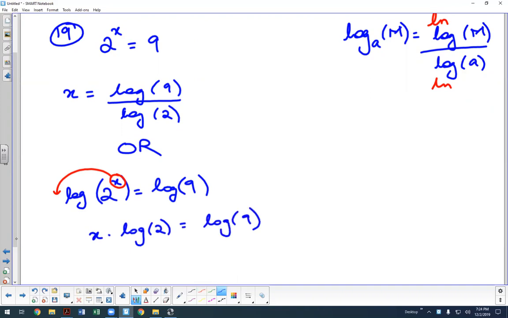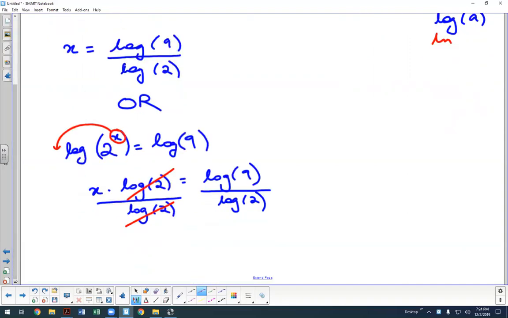And then to get x by itself, divide both sides by log of 2. And you get to the same exact answer, log of 9 divided by log of 2. You can get an approximate answer. So if you don't remember the base change formula, just remember to take a log on both sides. And then using the power rule, bring that x down.